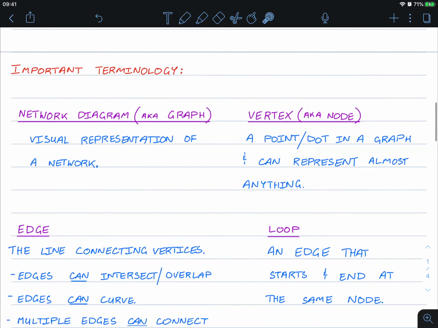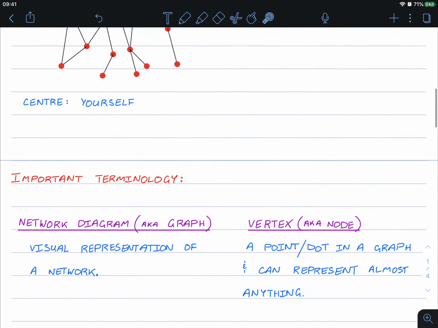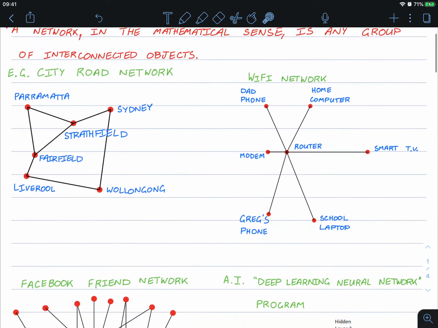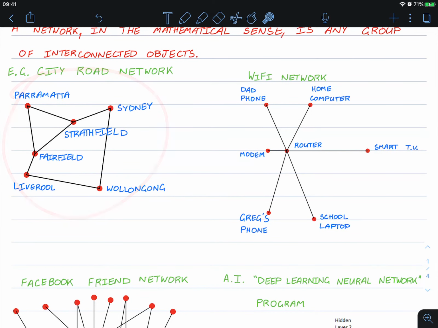A vertex or a node is the dots or points on the graph and can be almost anything. So going back up to here, one is called a vertex, multiple of them are vertices. I've circled the vertices, and in this graph, the nodes or the vertices represent a city.